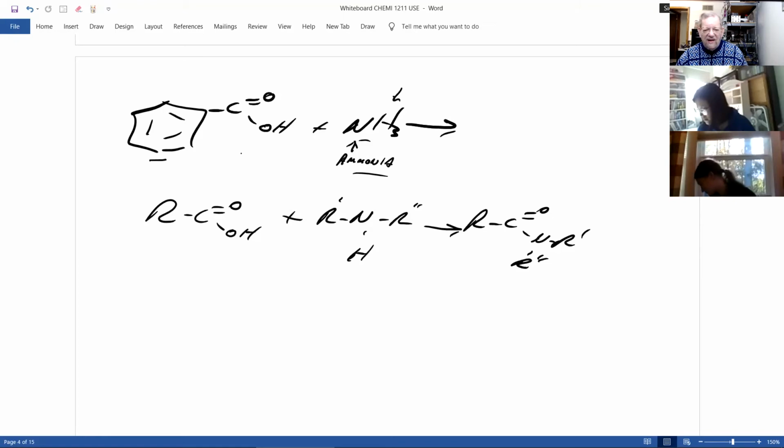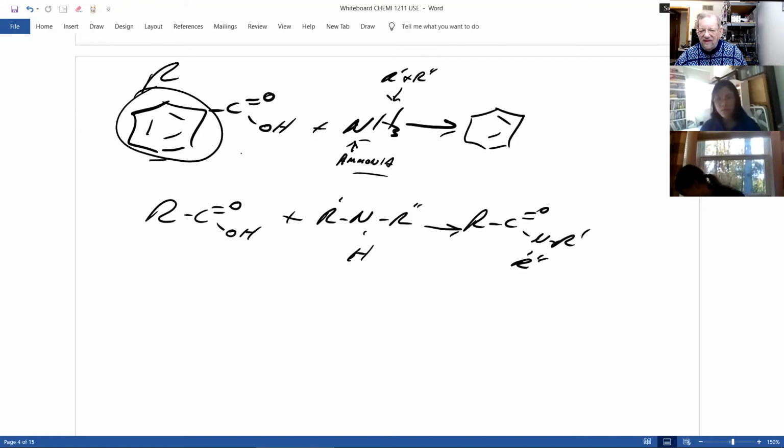Now, R prime and R double prime are hydrogen. This is my R group. So I'll have this carbonyl, nitrogen, and it has two hydrogens. And you could have also written it this way. Don't forget to put the double bonds inside the benzene ring.